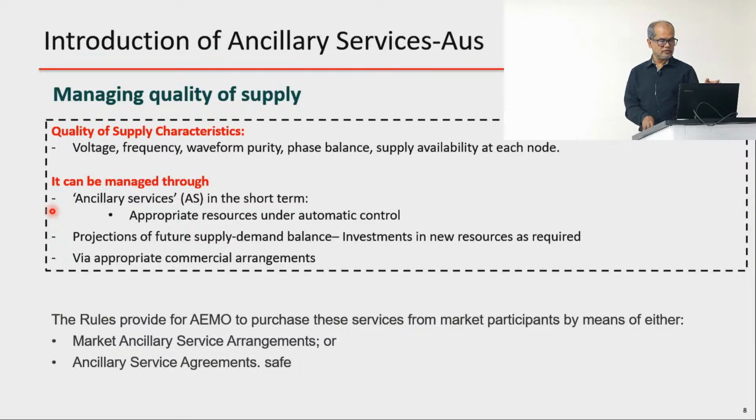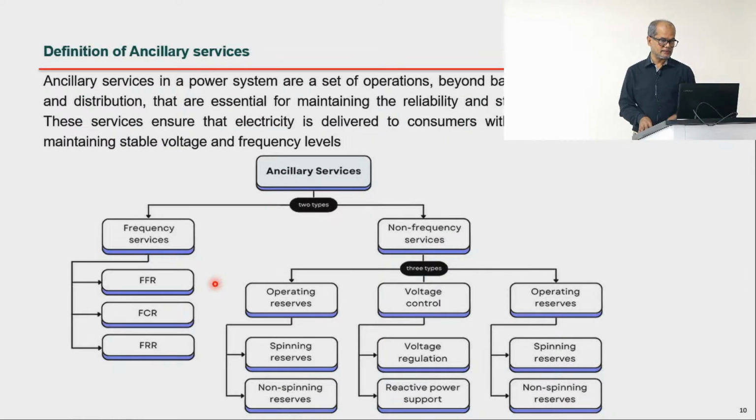So they monitor that voltage, frequency, waveform quality, and phase balance, everything, are within the acceptable limit. If not, they are going to go to the ancillary service market and buy that operation to make sure that everything is within the grid code and within their desirable range.